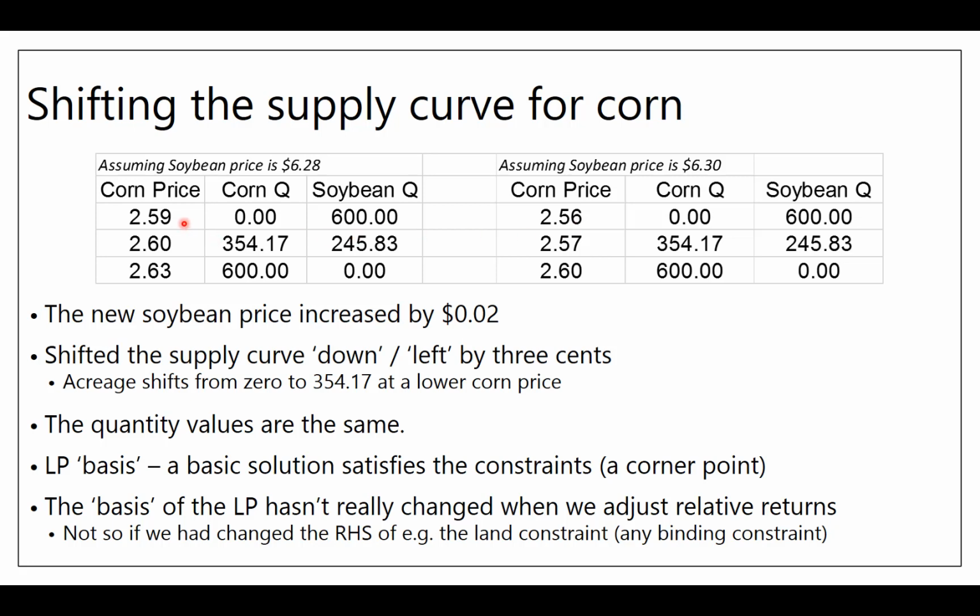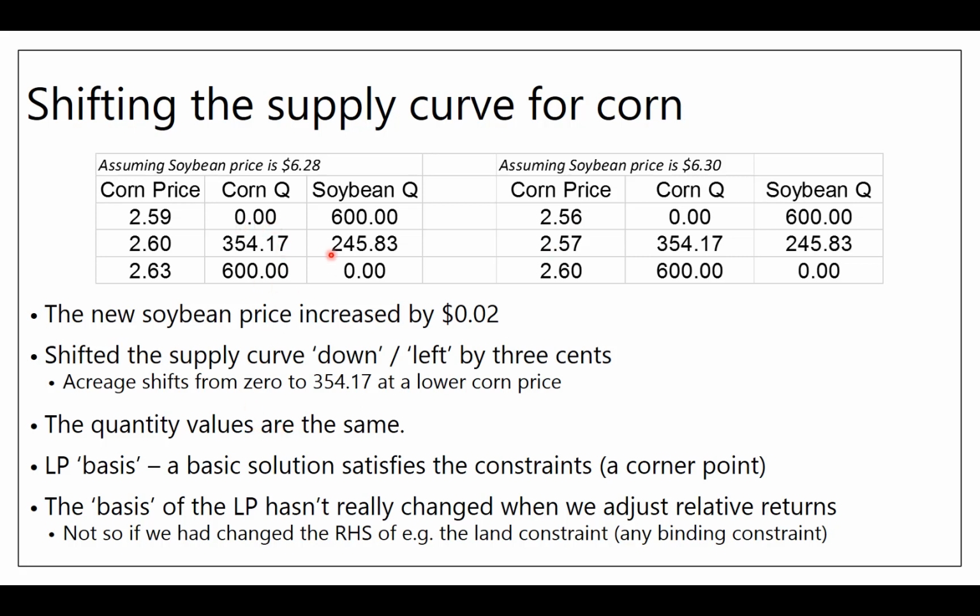At lower prices of corn, do we get the same supply schedule, right? So that makes sense, because the soybean price is falling. We now require only a lower corn price to produce the same supply amount, because in relative terms, the soybean price falling means we require less return from the corn crop to get that.